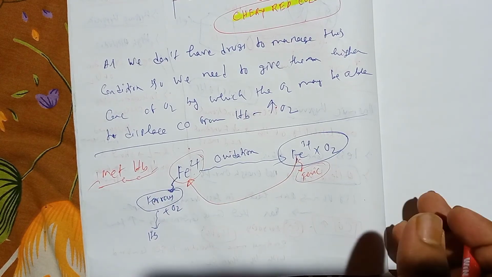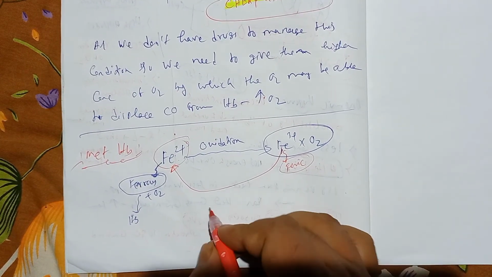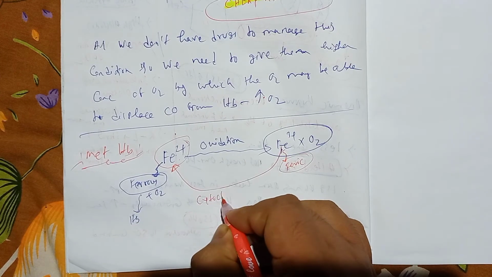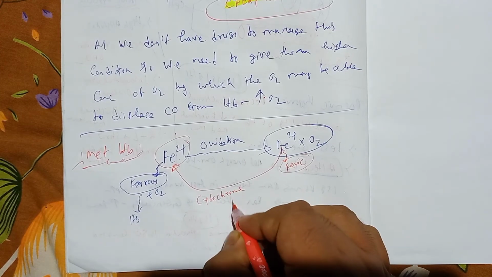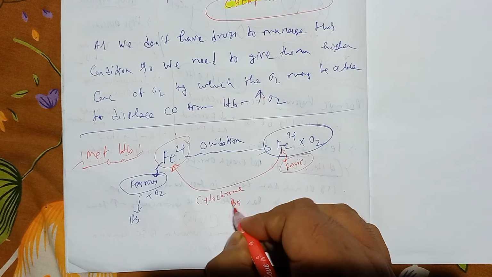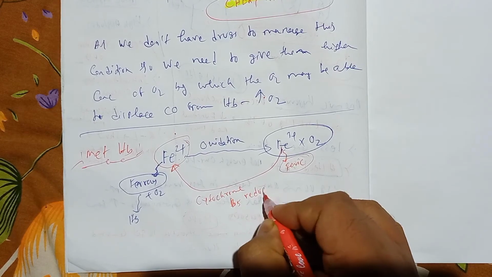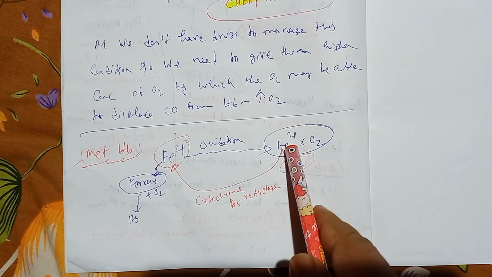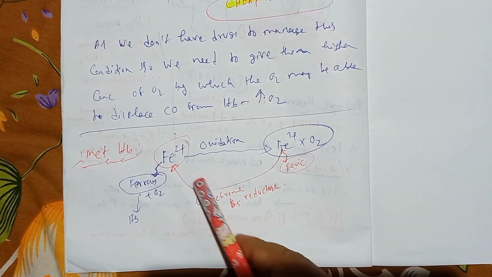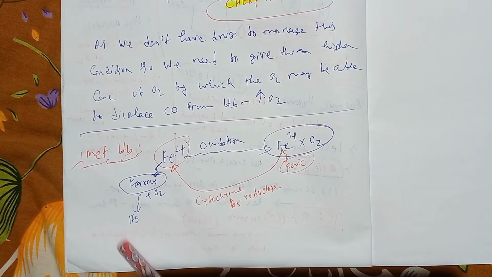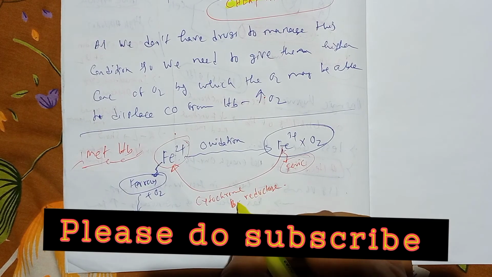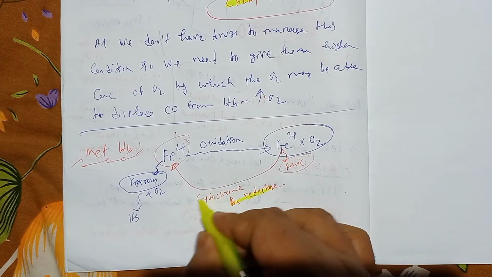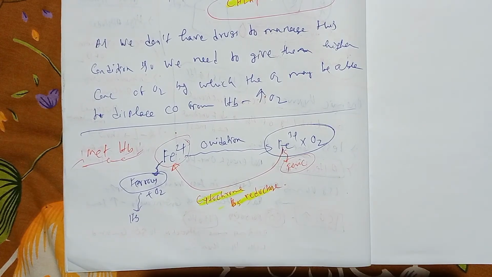The name of the enzyme is cytochrome b5 reductase, by which Fe3+ is converted again into the first form, Fe2+, the suitable oxygen-carrying form. Okay guys, you can also mark it here.